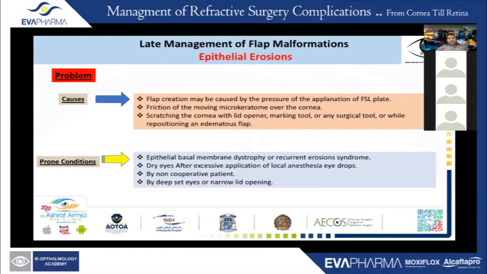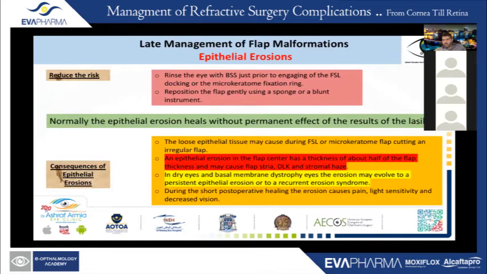Also, there are some cases prone to epithelial erosion, like epithelial basal membrane dystrophy or recurrent erosion syndrome, severe dry eye, and also excessive use of local anesthesia, non-cooperative patients, deep set eyes, and narrow lid opening.